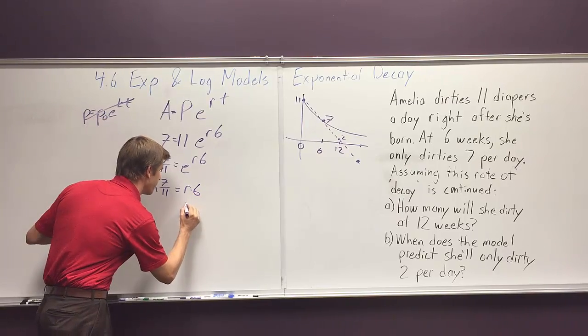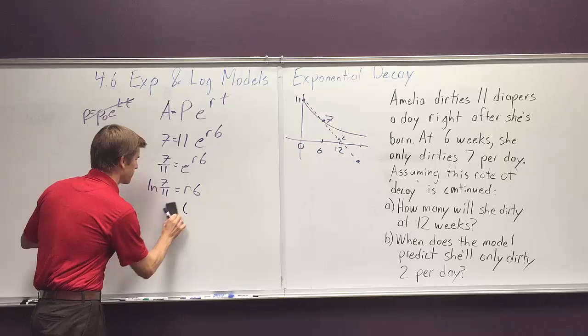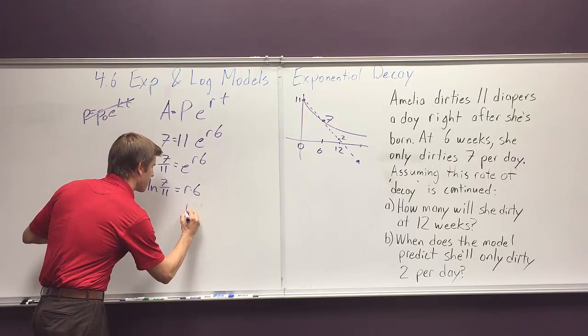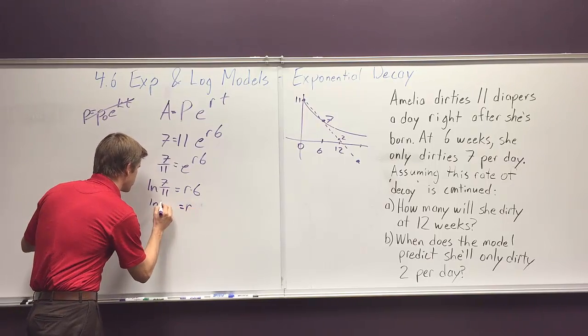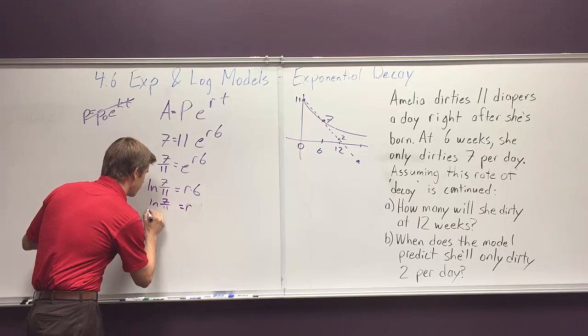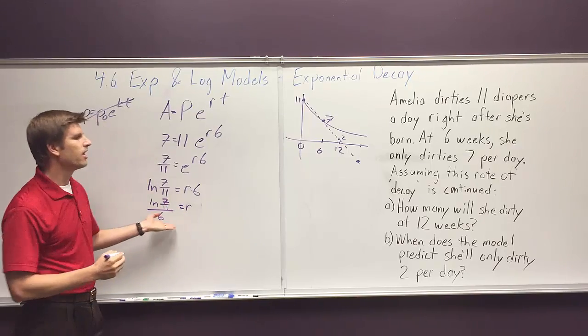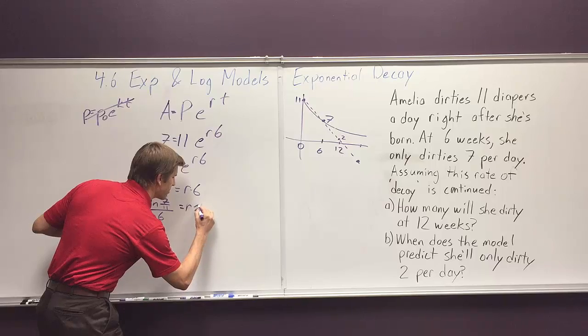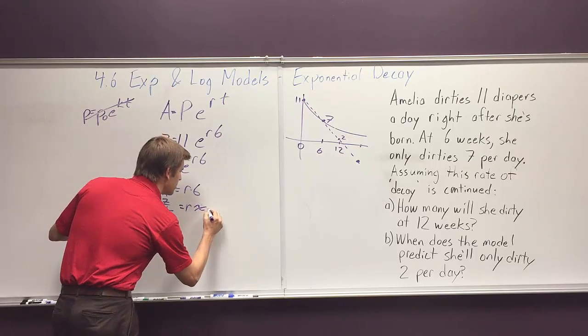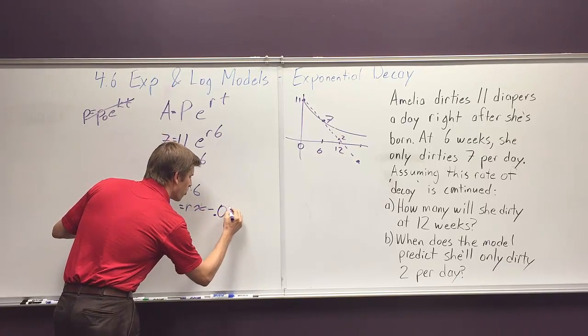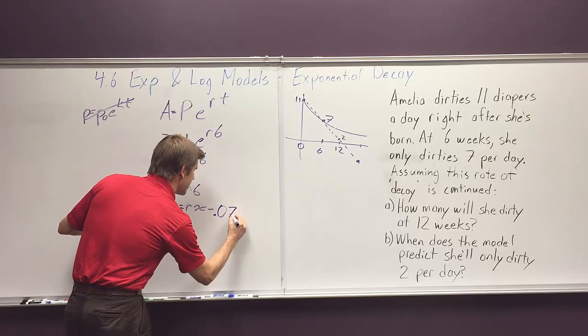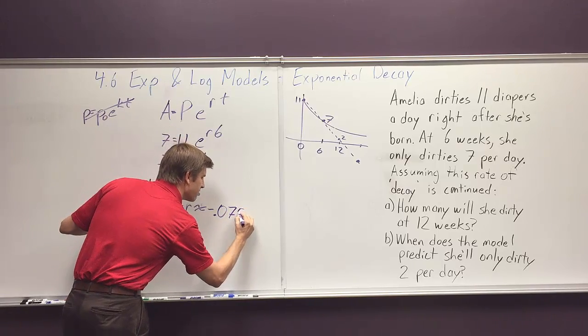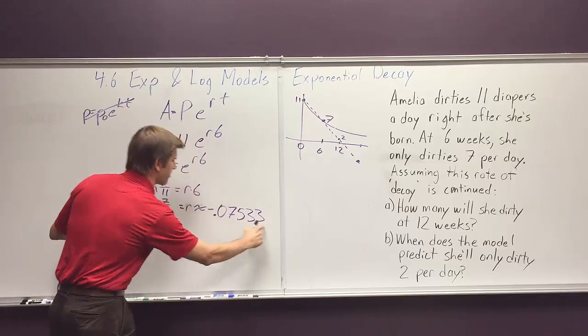Getting r by itself, I get r equals natural log of 7 over 11, divided by 6. If you were going to approximate that, I did it beforehand, I'm going to keep 4 significant digits. It's -0.07533. You can see I've got those digits.